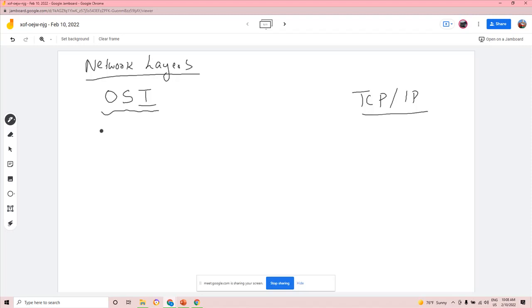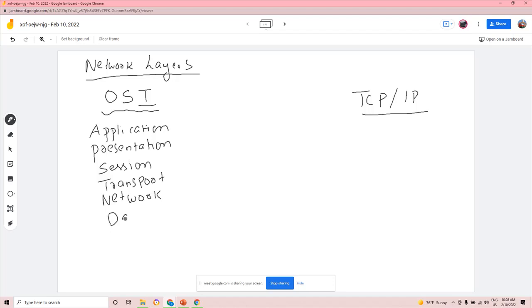So the OSI layers can be categorized into application, presentation, session, transport, network, data link, and physical.